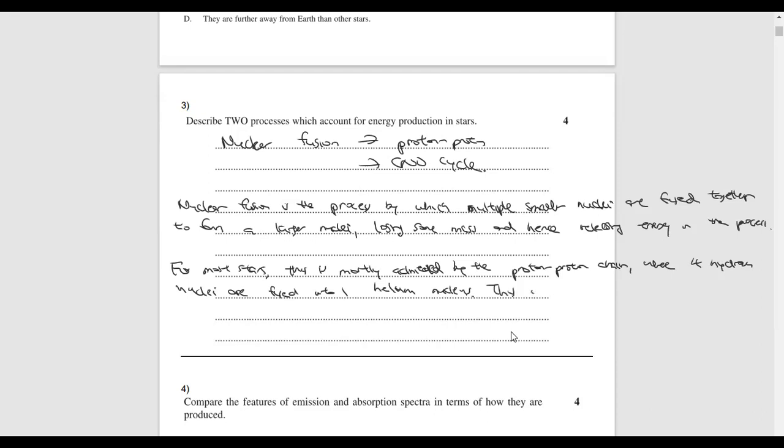This is during the main sequence stage of the life cycle.